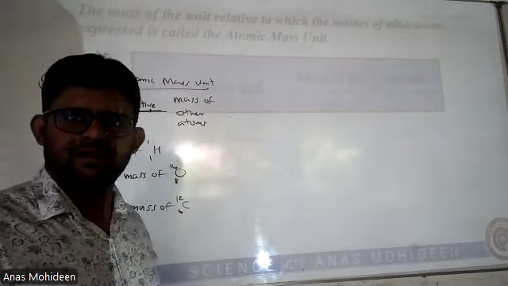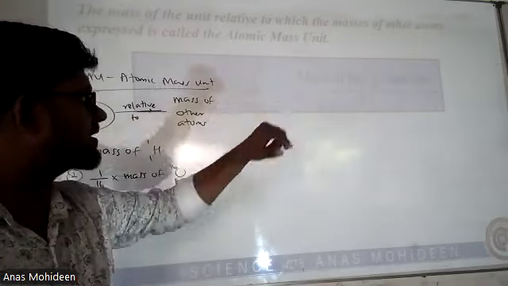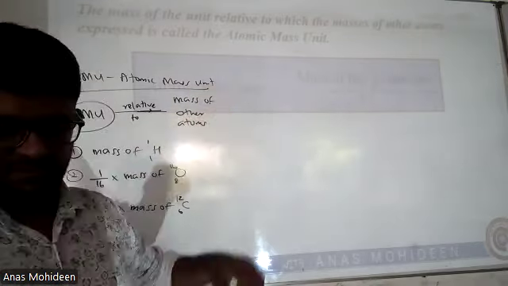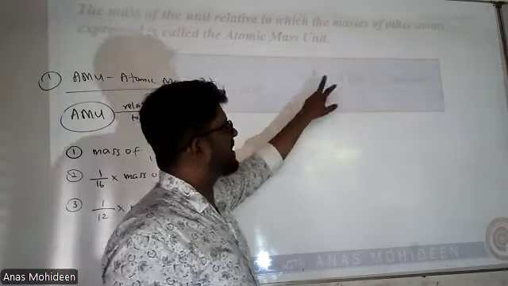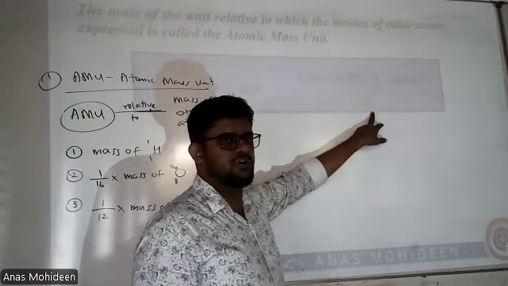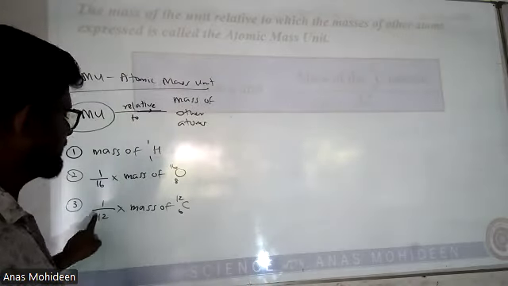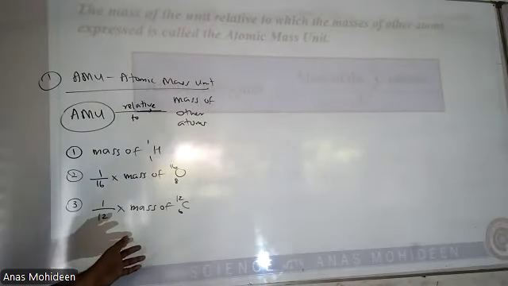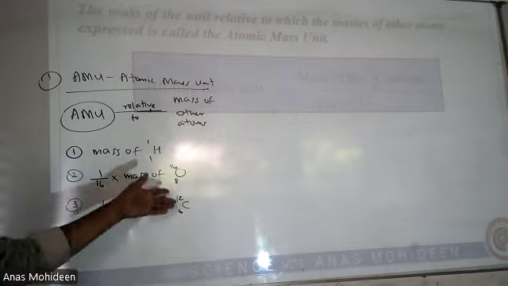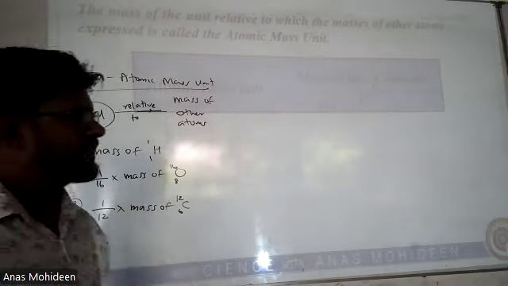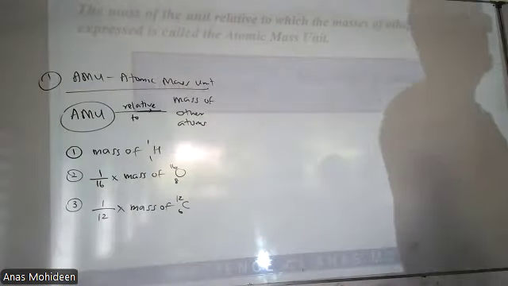On your tab, only one text box you got, right? Right, here atomic mass will be equal to the mass of the carbon-12 isotope divided by 12. Also you can write it as 1 over 12 into mass of carbon-12. Both are the same. 1 over 12 into means you are dividing by 12, right? Both same, okay?